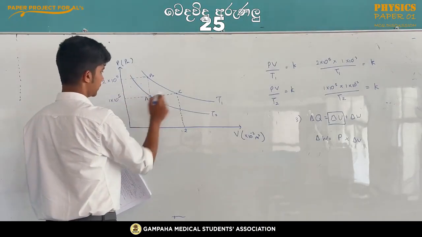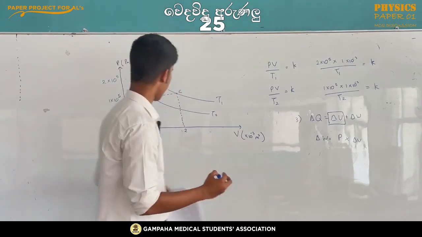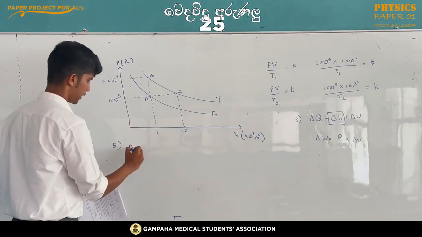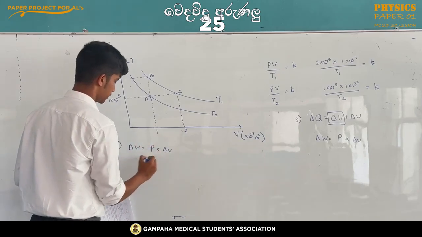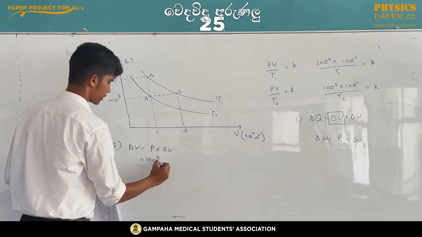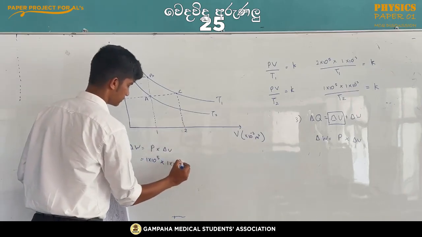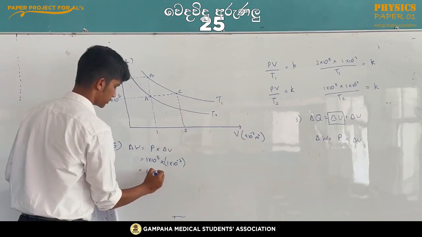So in A to C, what you can do is calculate the work done. In the fifth statement, the work done can be calculated using pressure into delta V. So the pressure is 1 into 10 to the power 5, and the change in volume is 1 into 10 to the power minus 3. The answer is 100 joules.